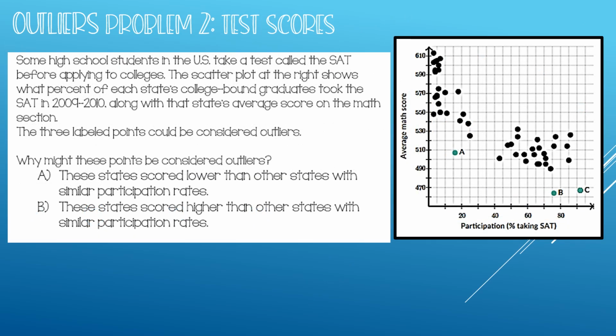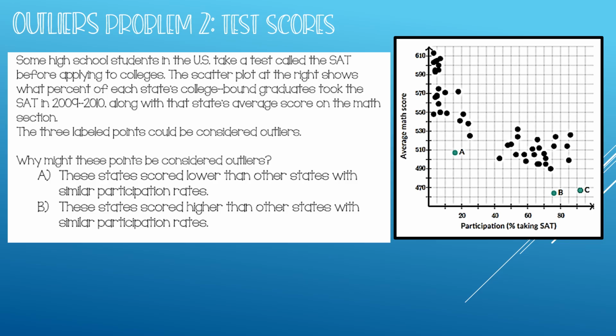Here's another one. This is number 2, test scores. There's a plot there. Some high school students in the U.S. take a test called the SAT. You know that, before applying to colleges. Scatter plot at the right shows what percent of each state's college-bound graduates took the SAT, old data, in 2009 to 2010, along with the state's average score on the math section.